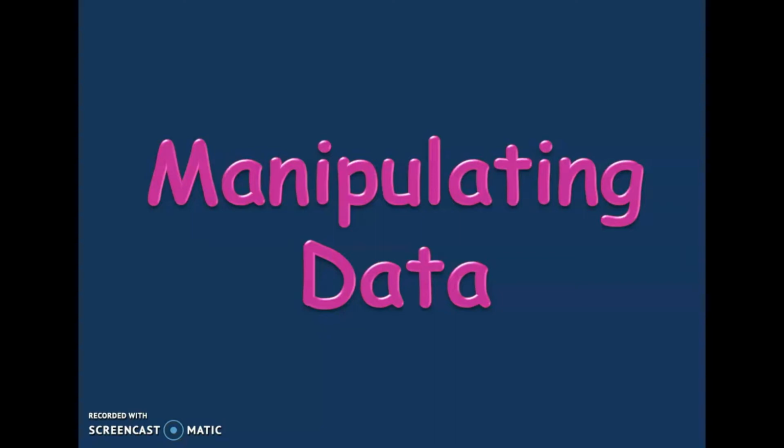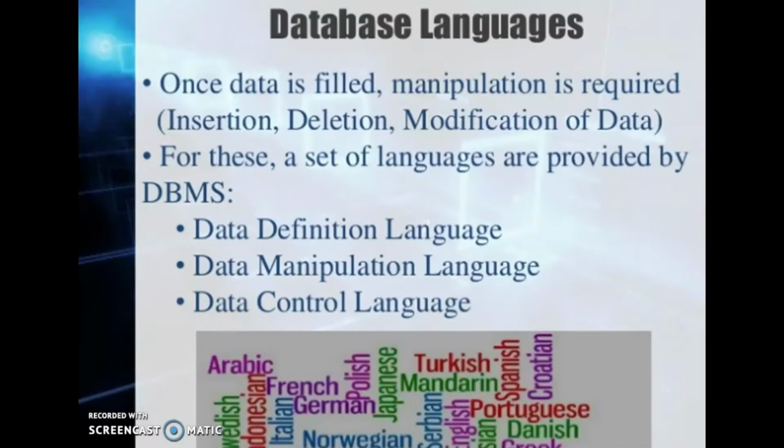RDBMS uses the SQL commands to query its database. These commands can be grouped into 4 different categories. The categories are DDL, DML, DCL, and TCL. Database languages.